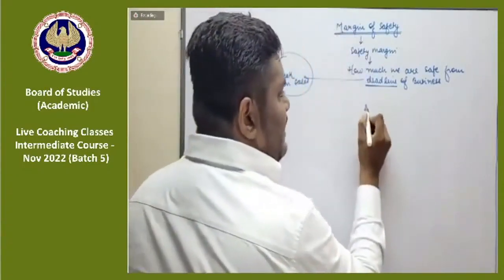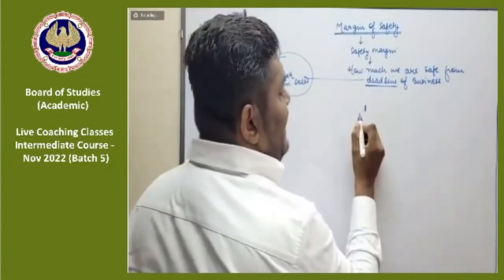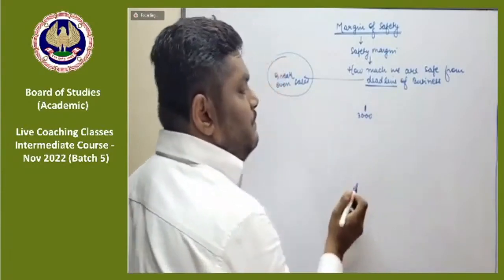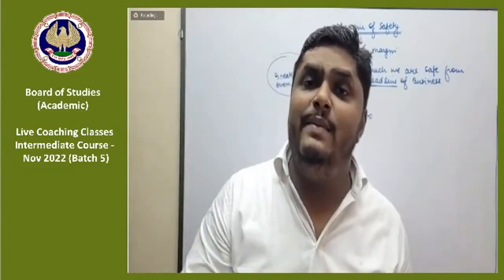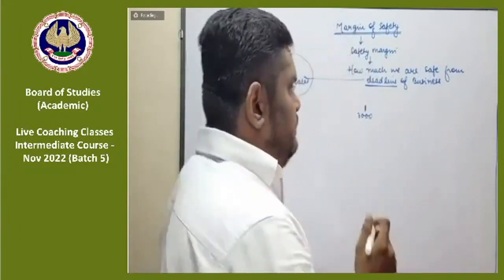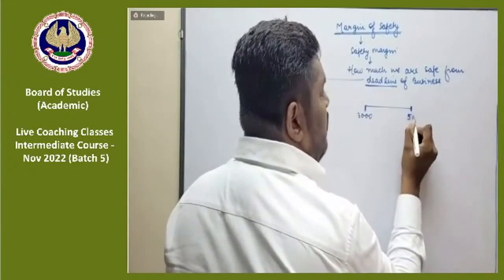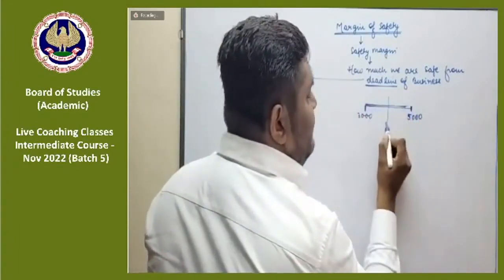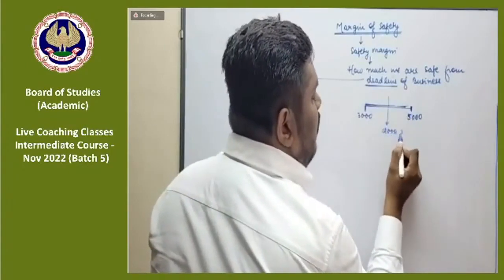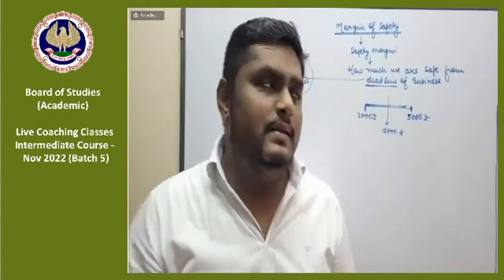Let's say this point is my deadline, and at the deadline, my sales is 3,000. And let's say currently I am at 5,000. So how much safe am I? Very simple, 2,000.